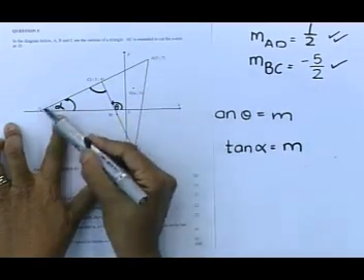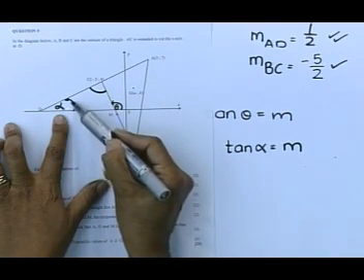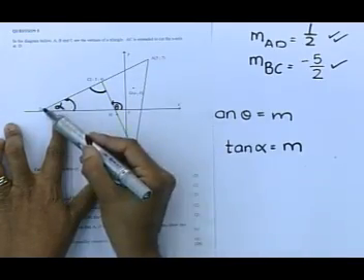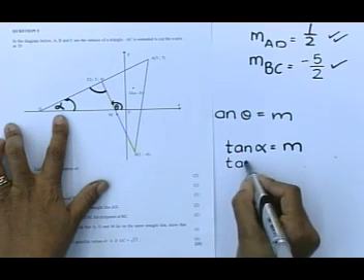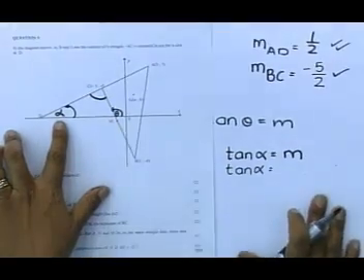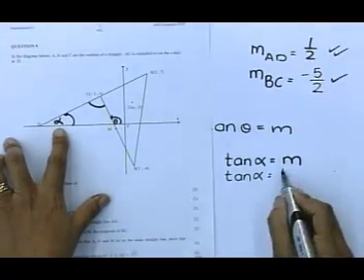The gradient of AD. Because it's negative, it's in an anti-clockwise direction onto that line. I need the gradient of AD. We worked it out. What was the gradient of AD? You can tell me before I can even tell you. The gradient of AD was a half. I still have it here. The gradient of AD was a half.